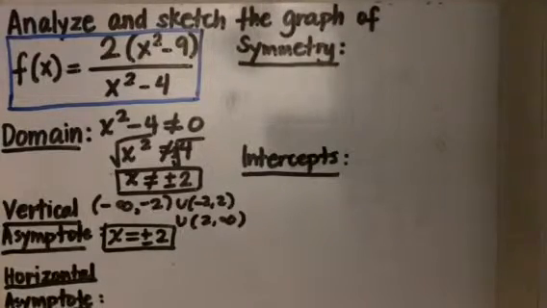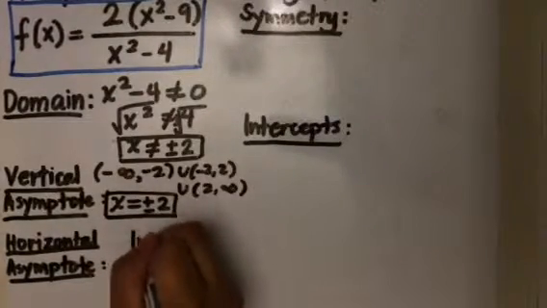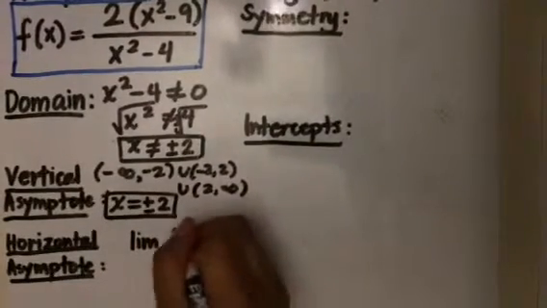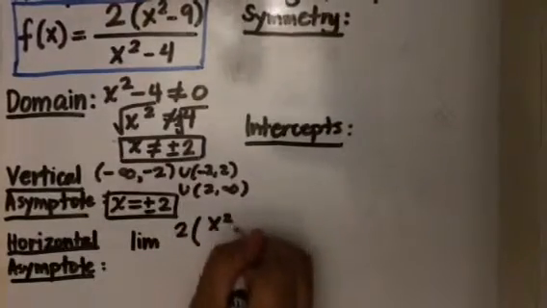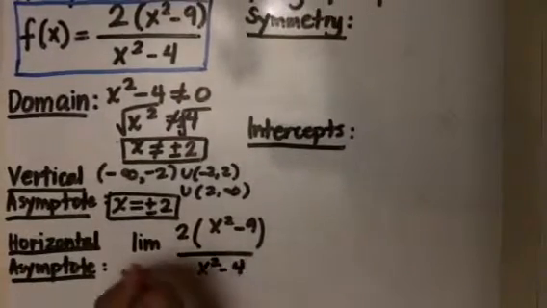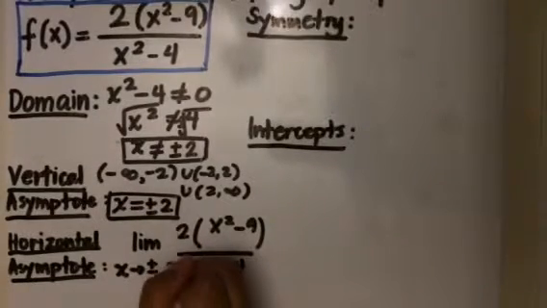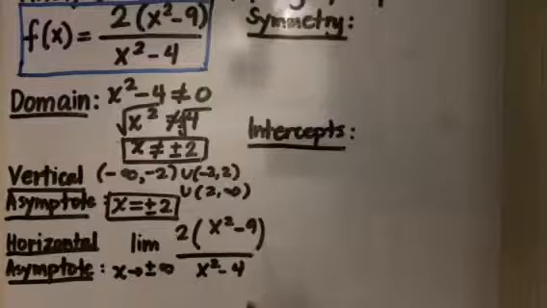Now we'll go ahead and find the horizontal asymptote by finding the limit of the function as x approaches positive or negative infinity. Since there are no square roots in the function, the limit will be the same as x approaches positive or negative infinity. So to find the limit at infinity, we divide the numerator and denominator by x squared.